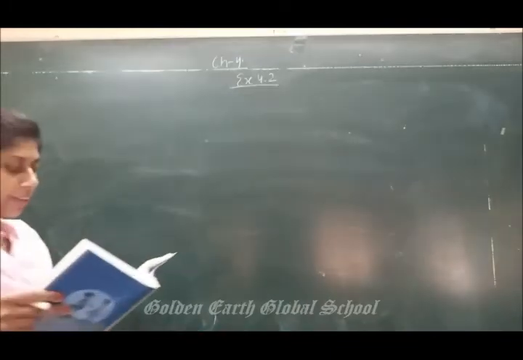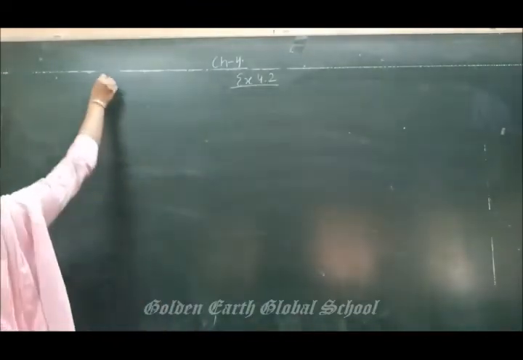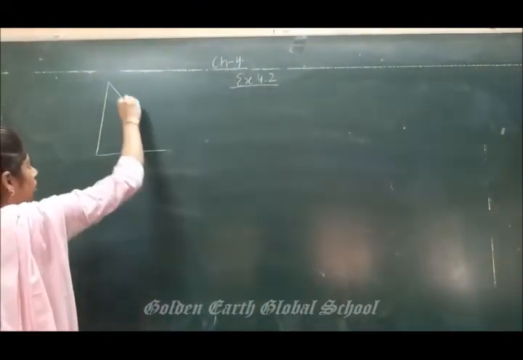Question number 5. The altitude of a right triangle is 7 cm less than its base. Firstly, for your convenience, draw a right angle triangle.